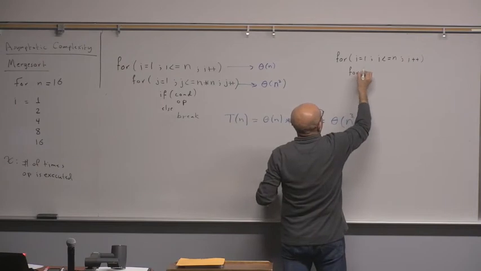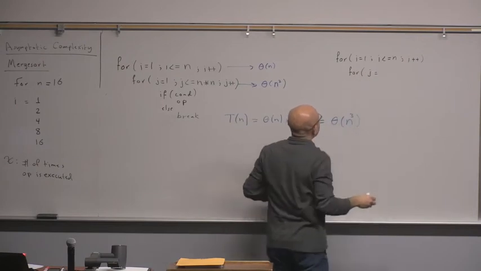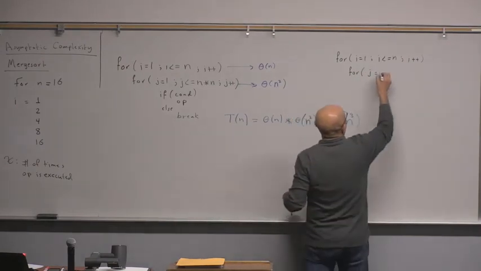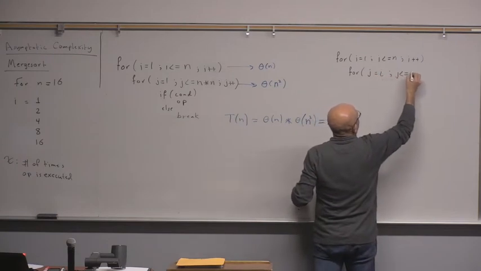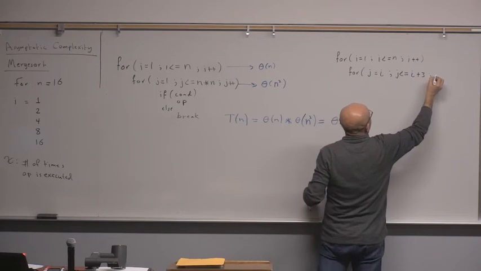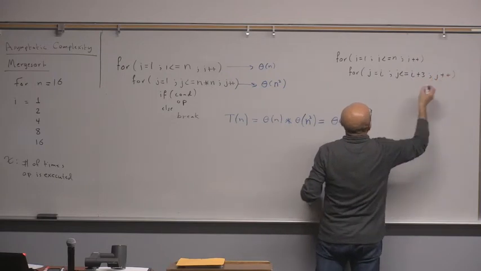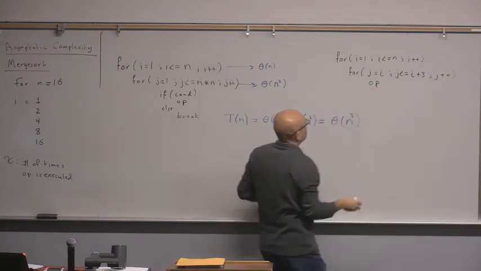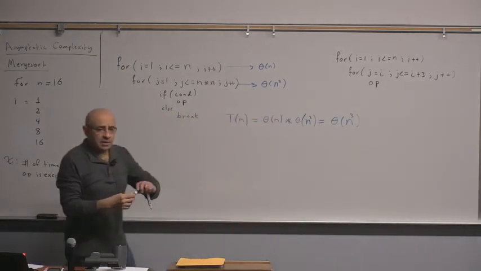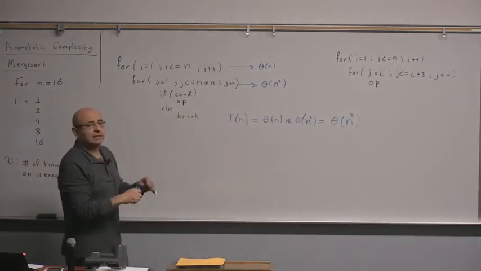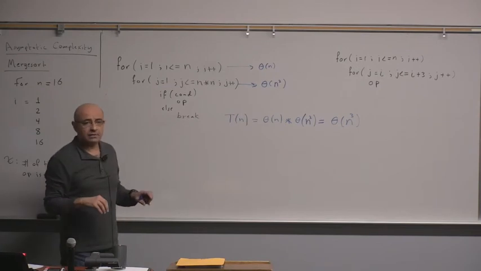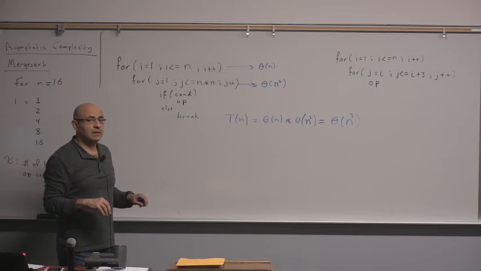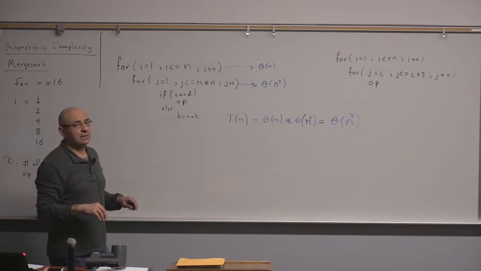For j equals I, j less than or equal to I plus 3, j plus plus, and we have an operation. Now, what's the asymptotic complexity in this case? And why is it n? Because j is equal to I, they execute only thrice for every I.